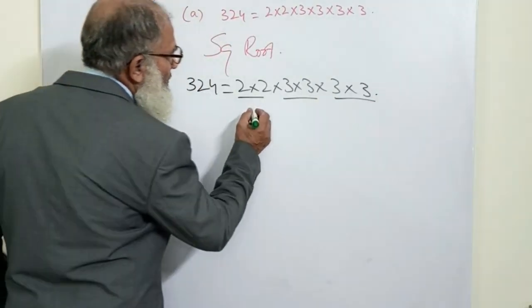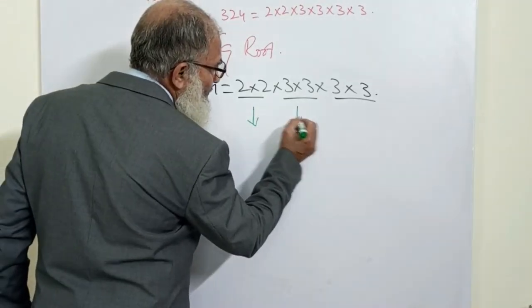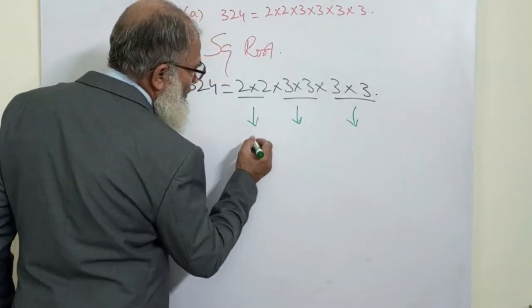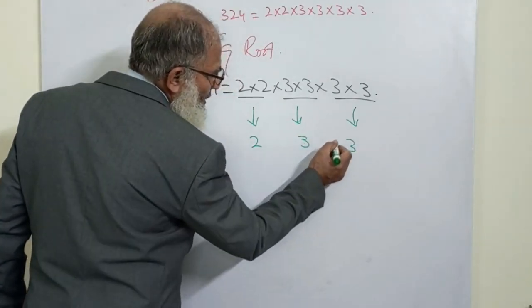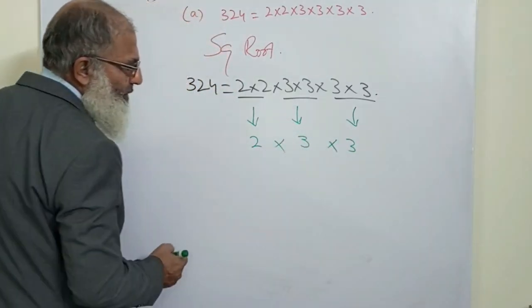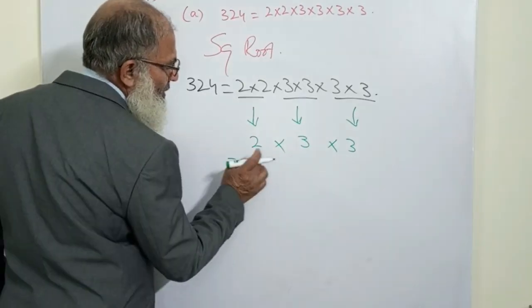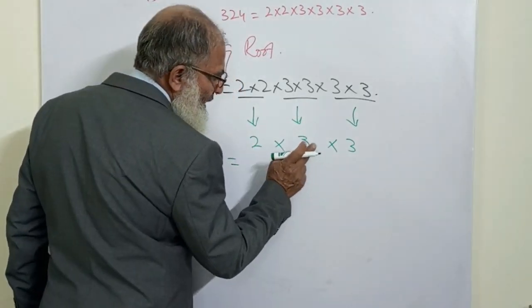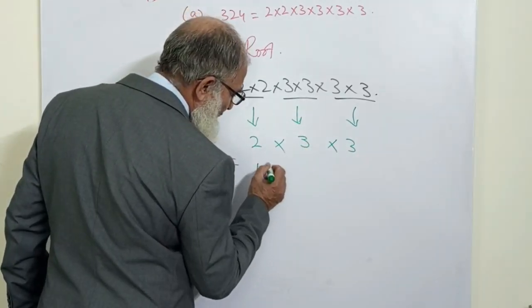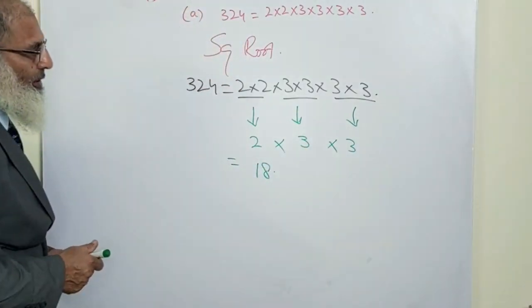So bring them down. Take one from each pair, and write a multiplication sign. 2 times 3 is 6 and 6 times 3 is 18. 18 is your required answer.